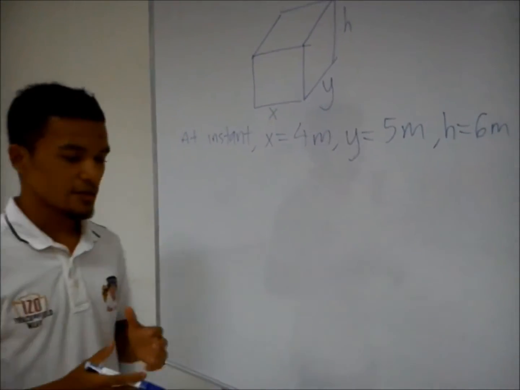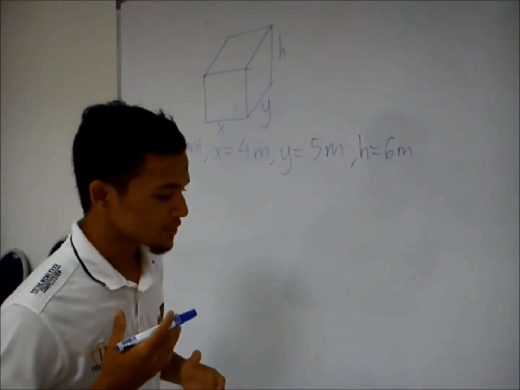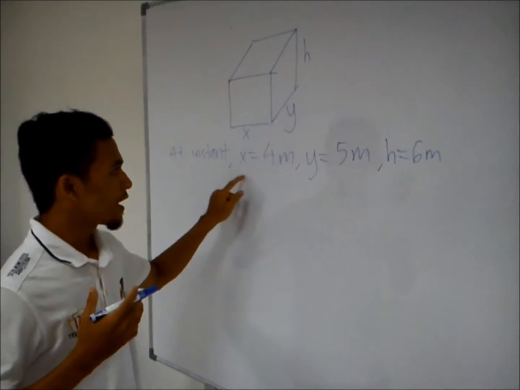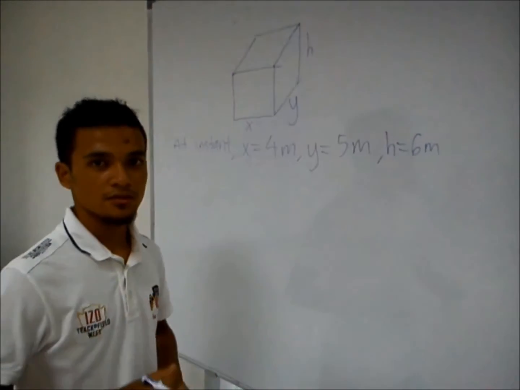And then we need to find, let's say, the surface area. For the surface area, they give us the rate of change of x, y, and h with respect to time.